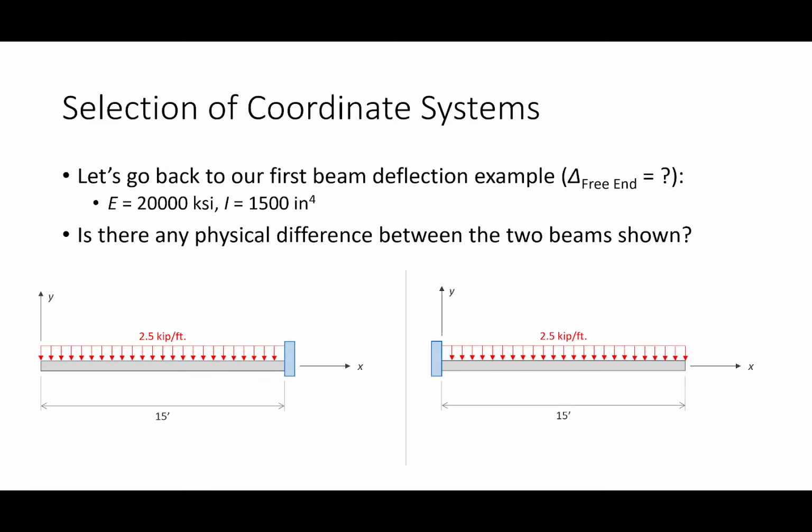Is there any difference between these two beams? What's the difference between this beam and this beam, on the left and right? The Where's Waldo game. What's the difference between these two pictures? Their support is different. The support is on the right over here, it's on the left over here, okay?